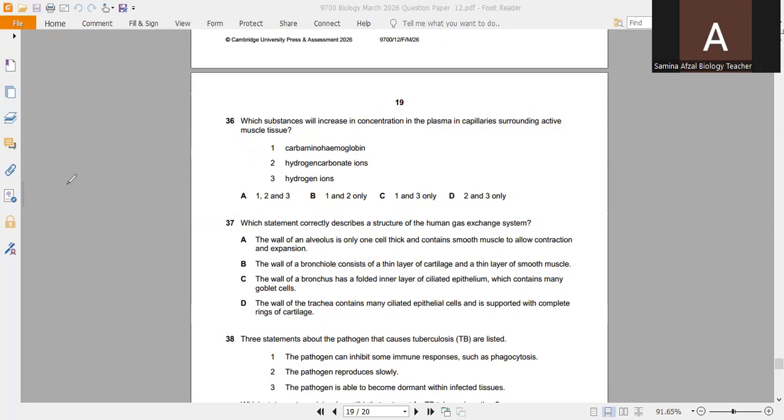So: carbaminohemoglobin, and the second is hydrogen carbonate ions, and third is hydrogen ions. So hydrogen carbonate ions and hydrogen ions diffuse out of the active muscles into the blood.